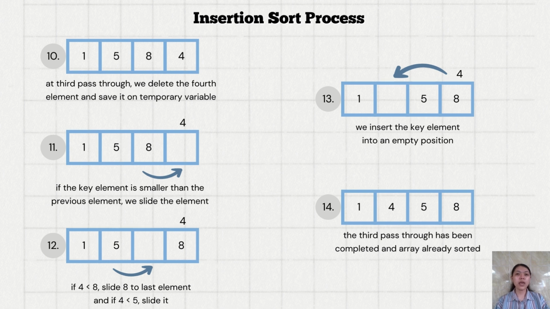So we slide the 8 and 5 to the right and we insert the key element, number 4, into an empty position. And the third pass-through has been completed, and the final sorted array is 1, 4, 5, and 8.